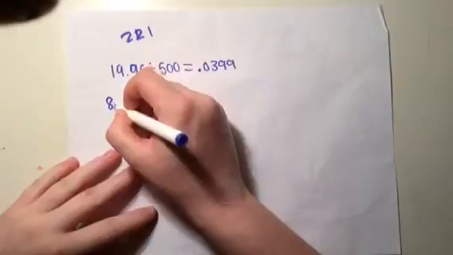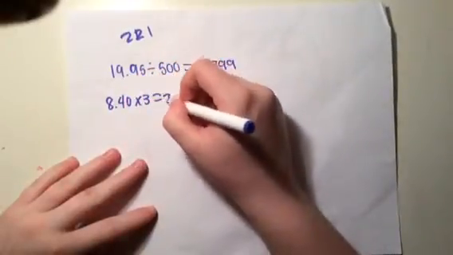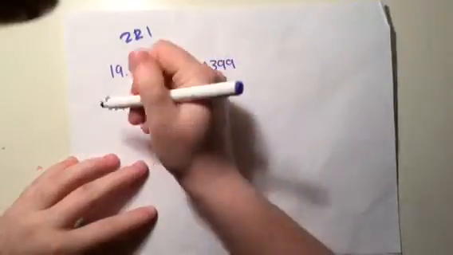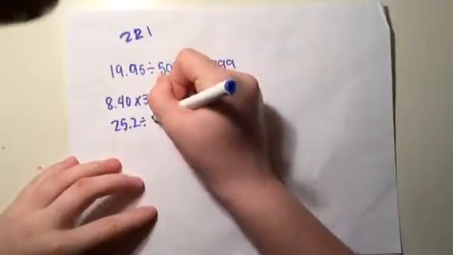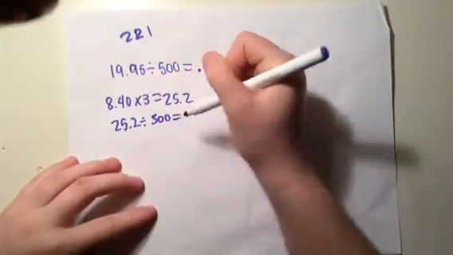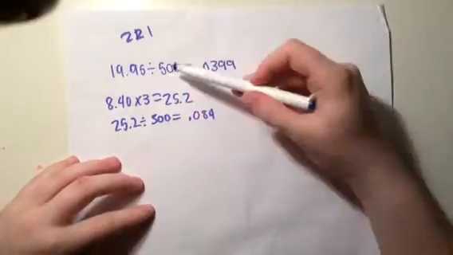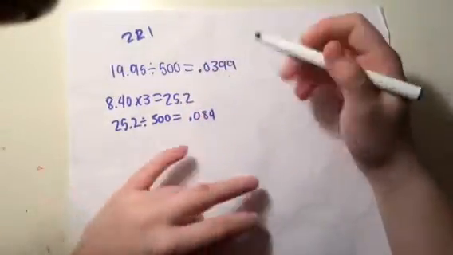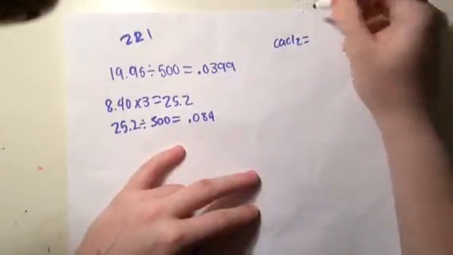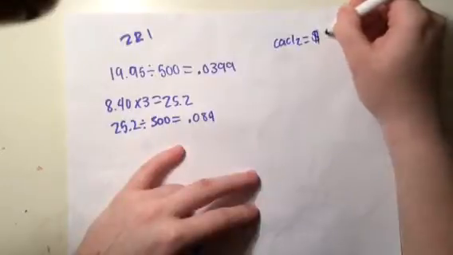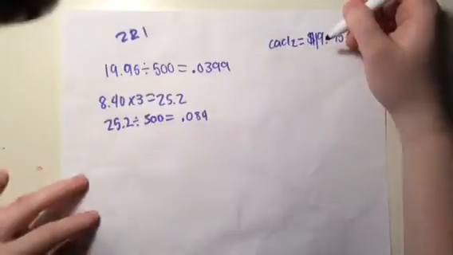So you would do 8.40 times 3 to get 25.2. Then 25 divided by 300 to get 8.4. So it actually would be cheaper to get the $8.40 for 100 grams. So CaCl2 would end up being $19.95.